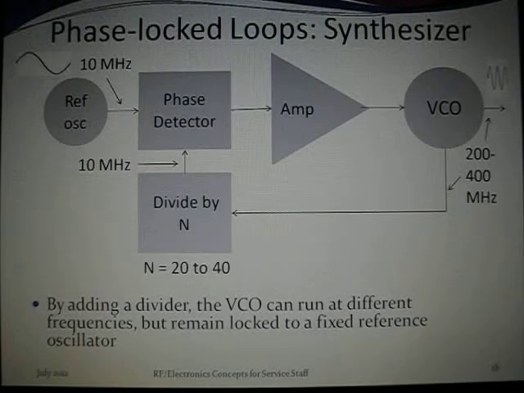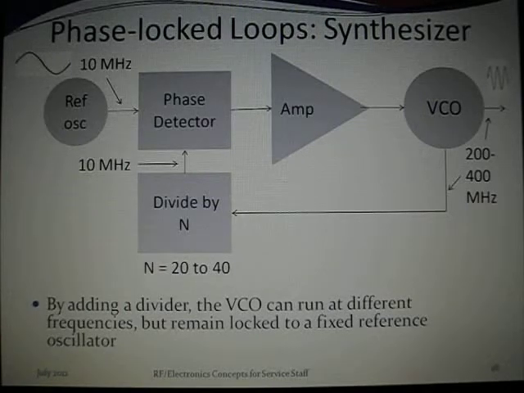Synthesizers. One disadvantage of a simple phase-locked loop is that the VCO has to be at the same frequency as the reference oscillator. Synthesizers eliminate this issue. Synthesizers are often very complex. The purpose is to allow the VCO to run at various frequencies within a specified range by using a divider that converts a sample of the VCO signal frequency to the reference oscillator frequency.